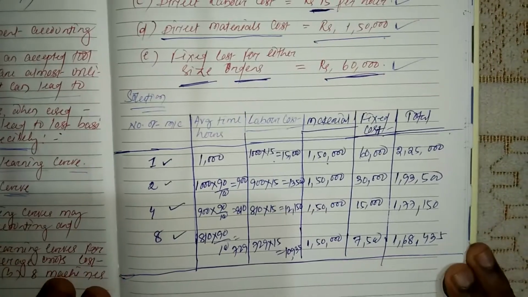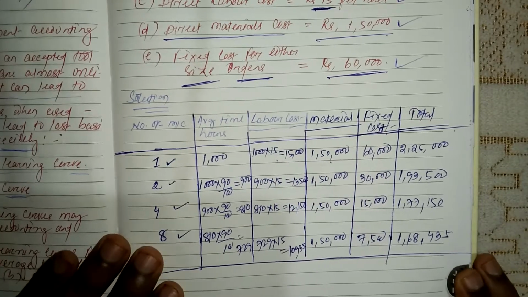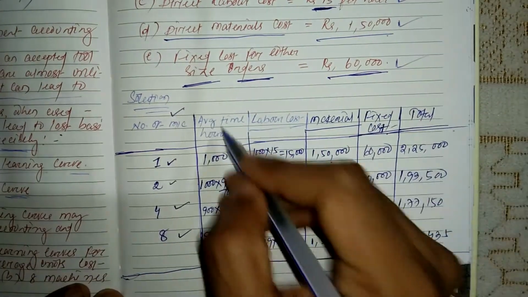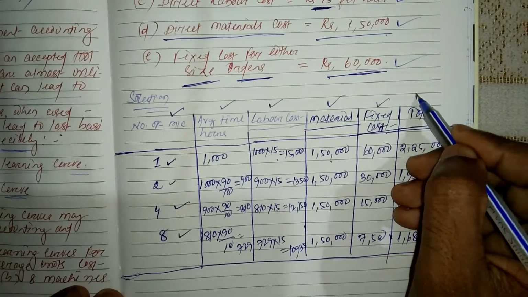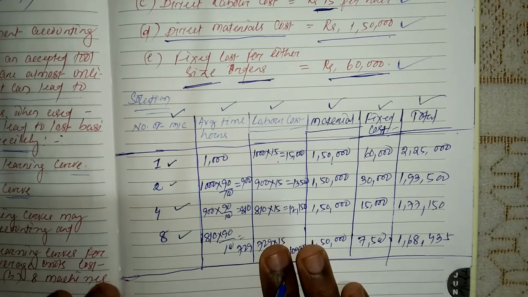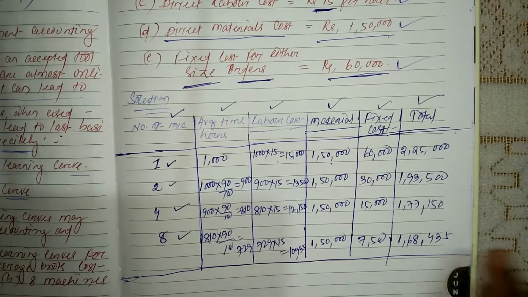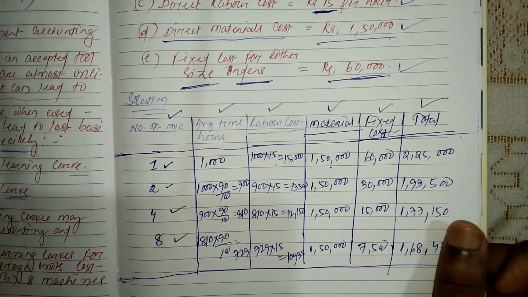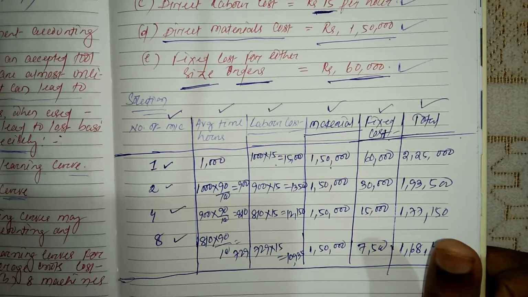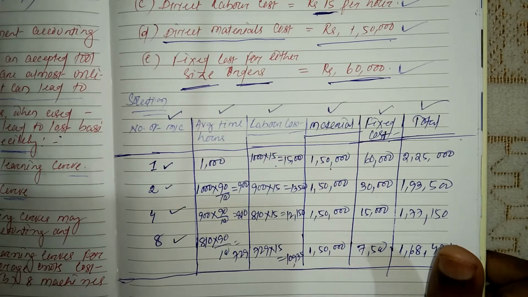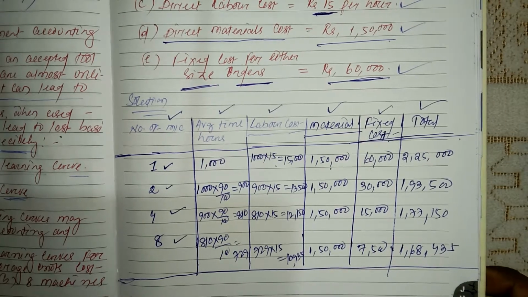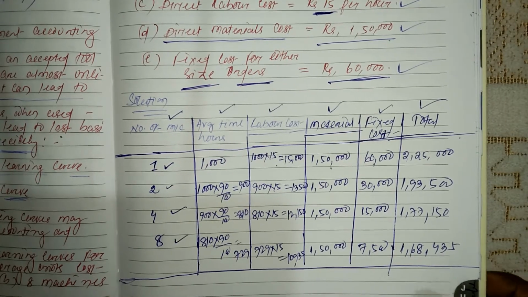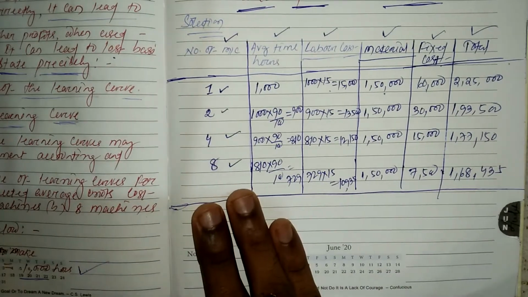So here we have found all the requirements: number of machines, average time hours, labor cost, material, fixed cost and the total cost. In the question it is given that using the data you have to find out the average cost of making 4 machines and the average cost of making 8 machines.